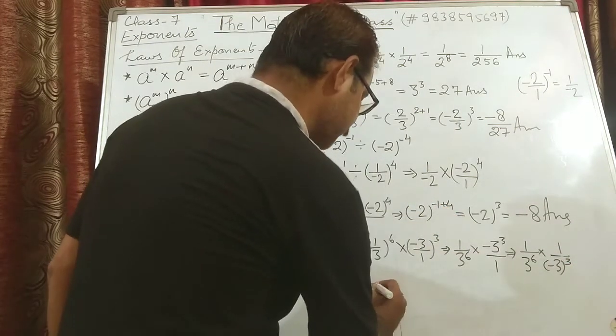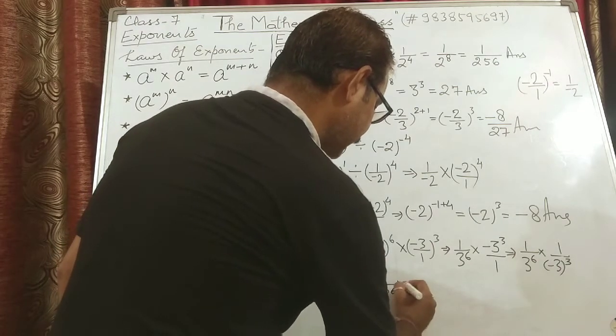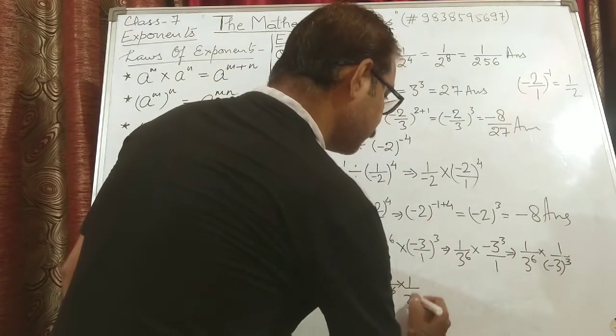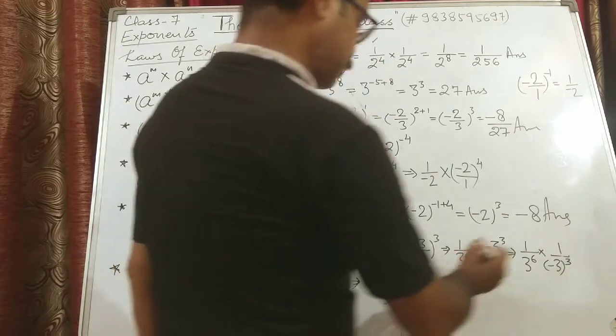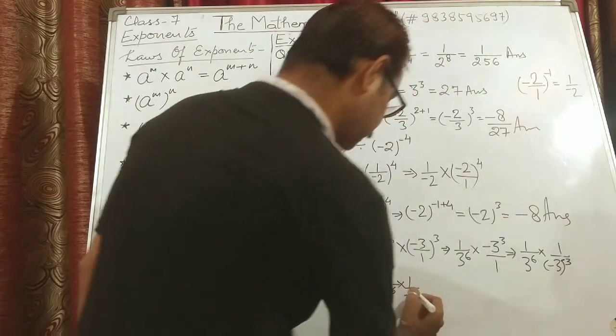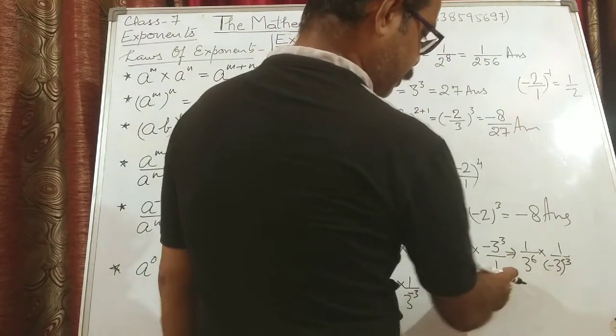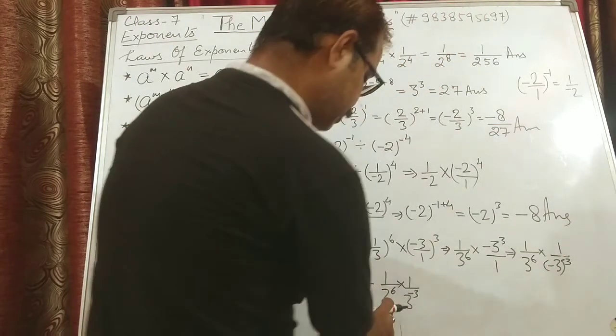So I am writing minus first, and then 1 upon 3 to the power 6 into 1 upon 3 to the power 3. It will come in the denominator, it will become minus 3. So 3 to the power minus 3, because 3 to the power 3 when it comes to the denominator will become minus 3. So 3 to the power minus 3.